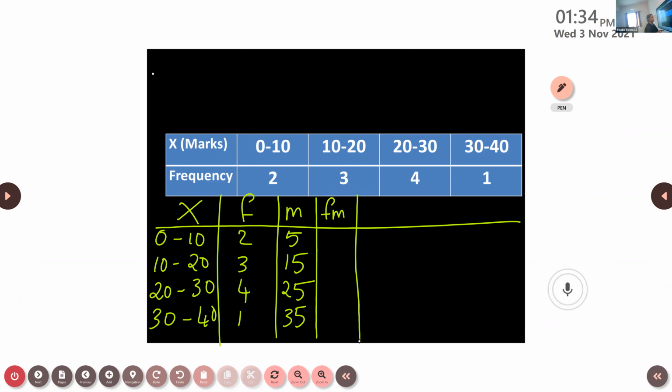Sanam, what is the first one? FM? 10. Vishnu? Second one. What will come here? 3 into 15. What is the answer? 3 into 15.